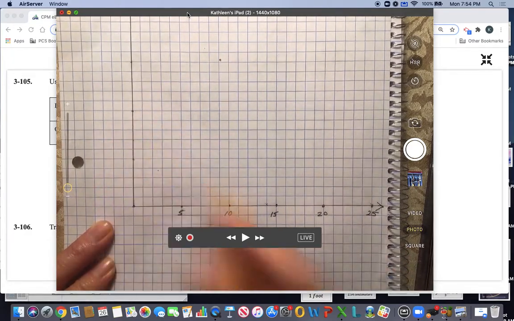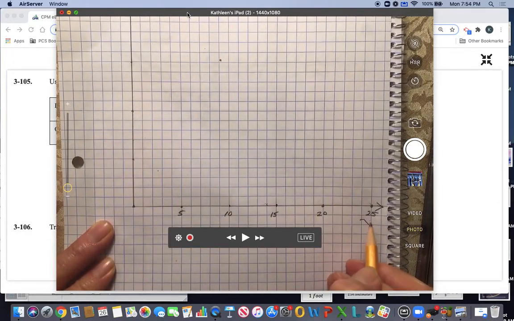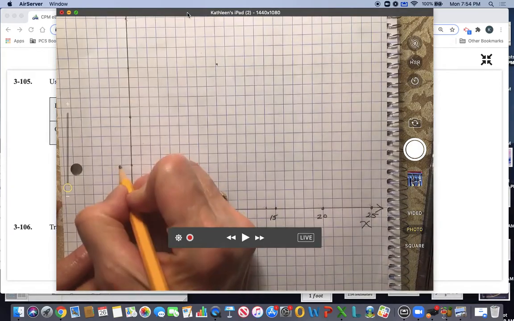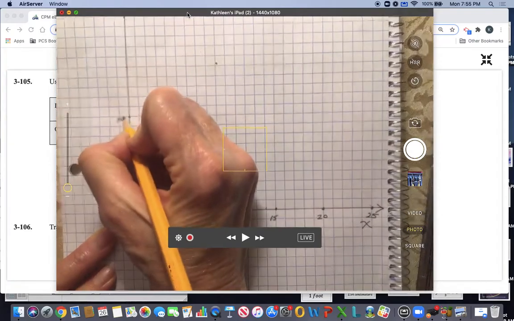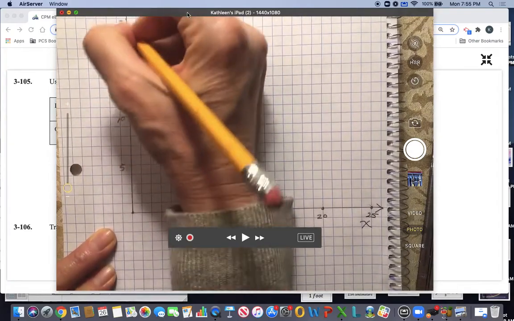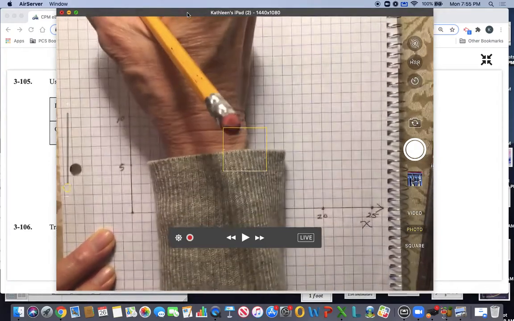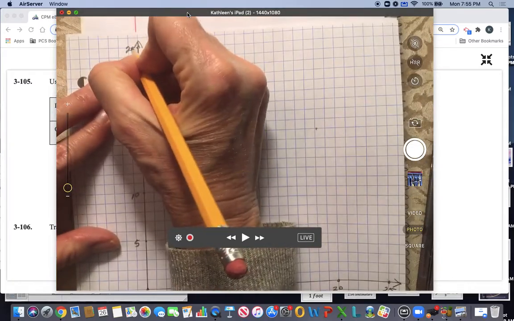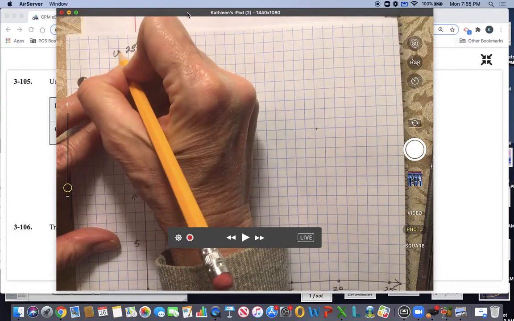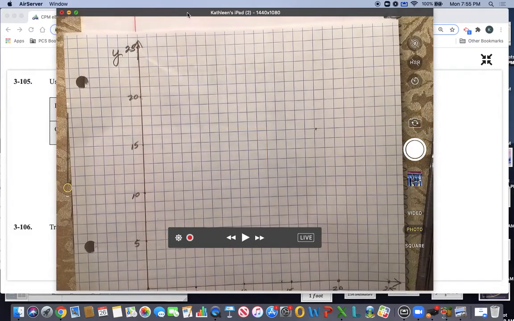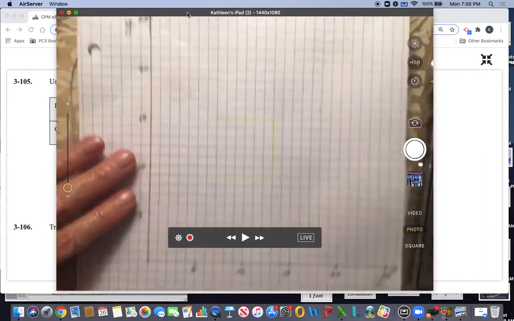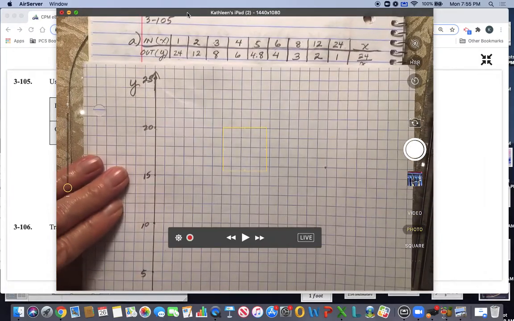And of course this has to be the x-axis. And then the same thing going up, I can go 5, 10, 15, 20, and at the top that's going to be 25. And I need to label this as the y-axis.